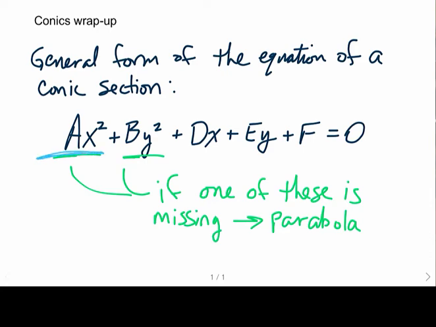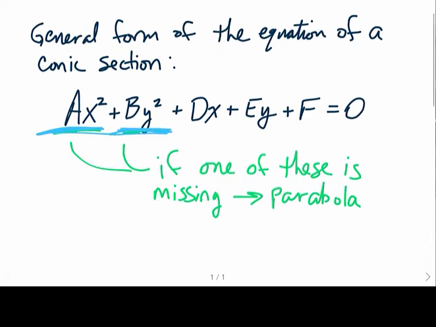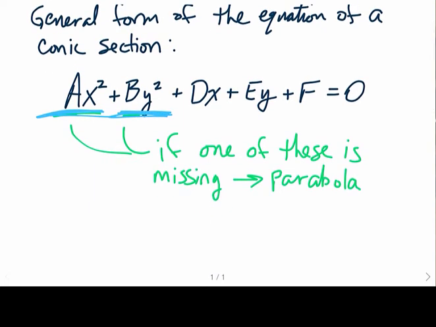If it turns out that a and b are the same number, then you have a circle. Well, okay, things could work out so you have just a point or nothing at all, and I'll talk about that in a few minutes, but generally speaking, if a is the same as b, then you probably have a circle.